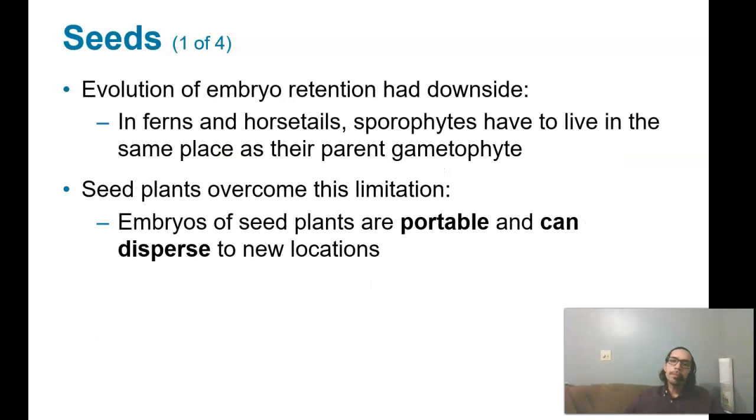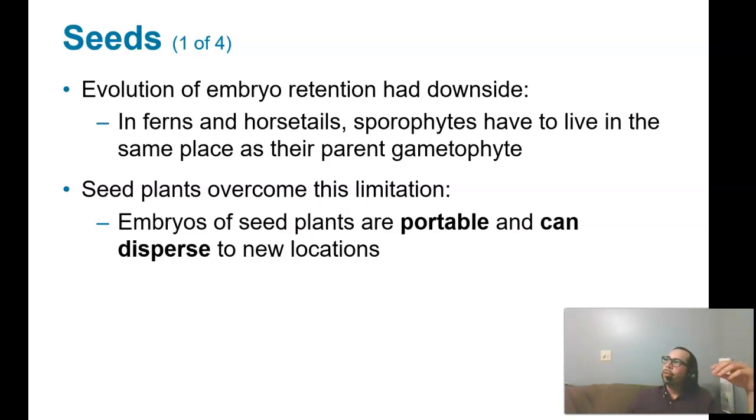The seeds also provide an adaptation because when we look at things like ferns and horsetails, the sporophytes have to live in the same place as their parent gametophyte.